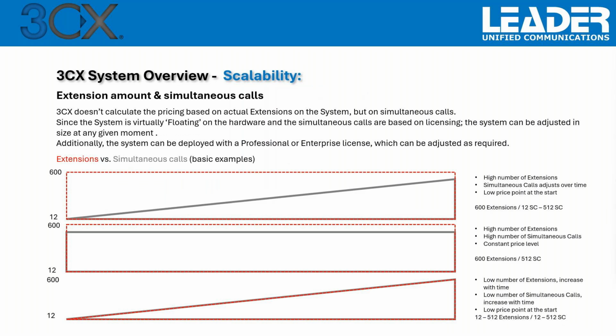Now, the scalability of 3CX comes down to the number of extensions and simultaneous calls. 3CX doesn't calculate the pricing based on actual extensions on the system, but on simultaneous calls. This sometimes gives interesting setup options where we can have a lot of extensions on the system, but if they do not make that many phone calls, we can run on a low-priced scale with much fewer simultaneous calls.